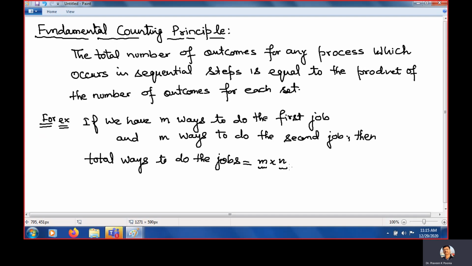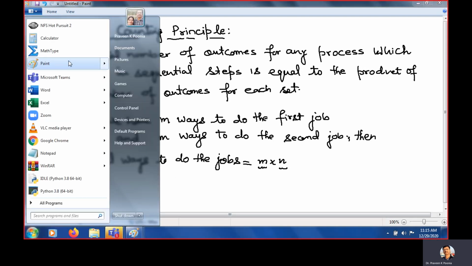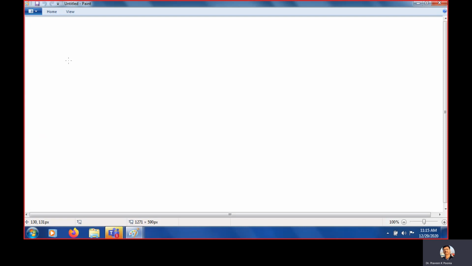That means you need to find the ways of the first job and then the ways of the second job. It will be the multiplication of both the possibilities.